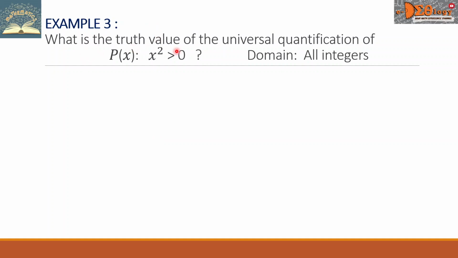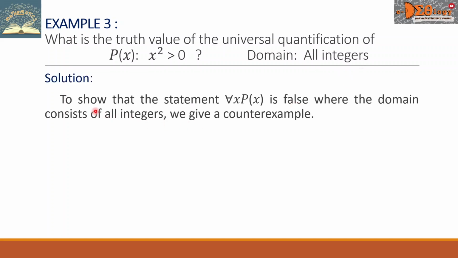Example 3. What is the truth value of the universal quantification of p of x, where p of x is x squared is greater than 0? The domain here is all integers. To show that the statement for all x, p of x is false, where the domain consists of all integers, we give a counterexample.